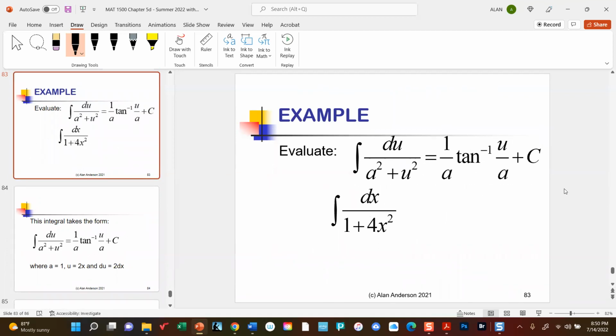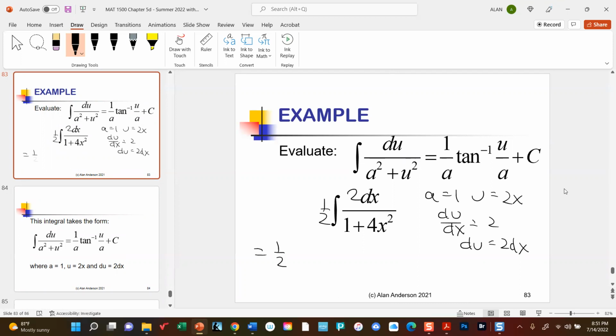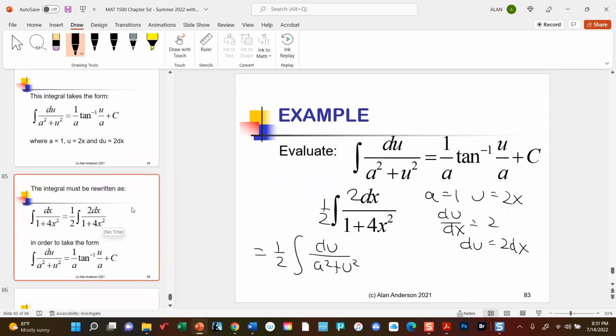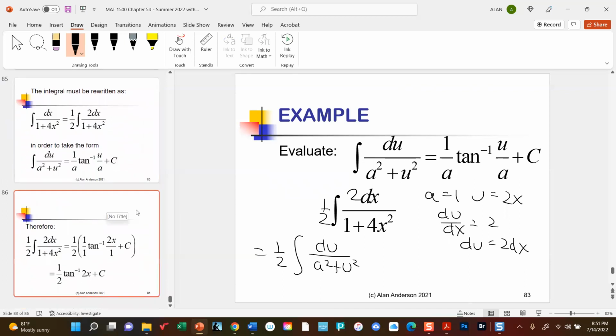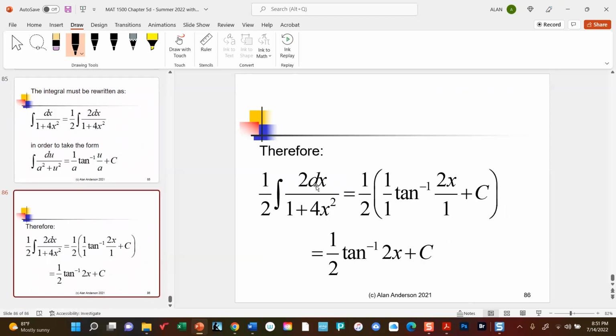So again, A is 1 and U is 2x. So we don't have the 2. We can create it for ourselves. Well, that means we're going to end up with an arctangent. So 1/2, there's 2 dx.